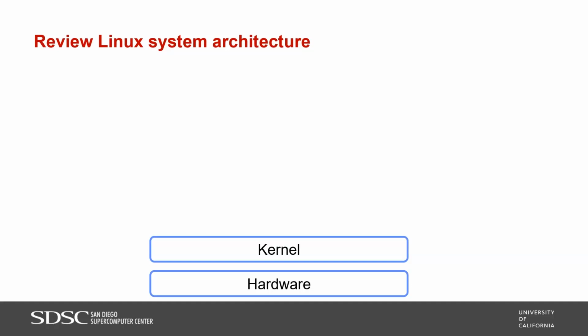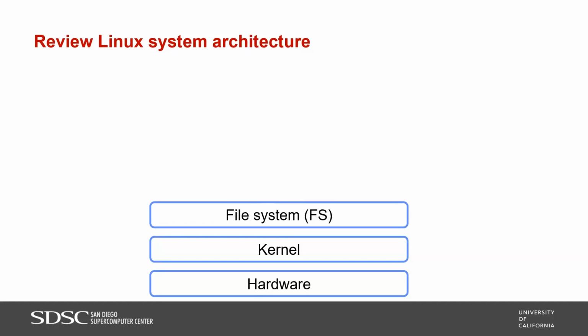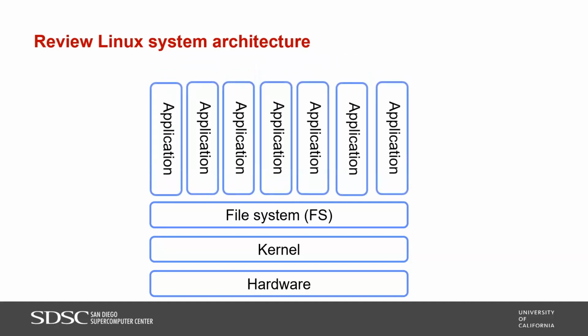But you also need something above the kernel, which is the file system. Each Linux system has a file system. You need your own file system in order to run anything on the HPC cluster or on the Linux PC. And then you add those applications you need into some place in the file system.